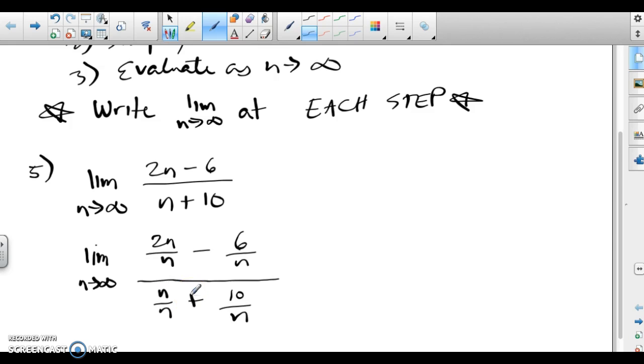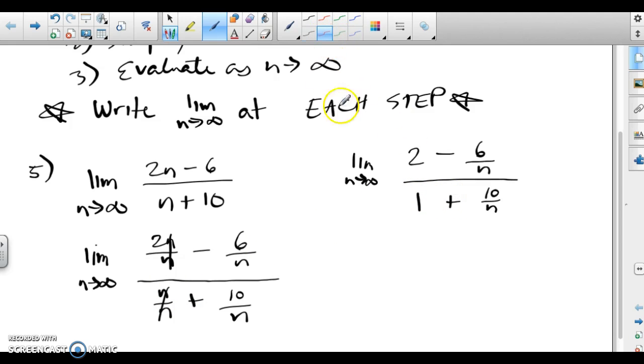So we just simplify it all out now. Now that we've divided everything by n, when we simplify it, we get the limit as n approaches infinity of, now when we simplify, these n's will cancel out. We're left with 2 minus 6 over n, over n simplifies to 1 plus 10 over n. And it's at this step now that we can actually apply our limit.